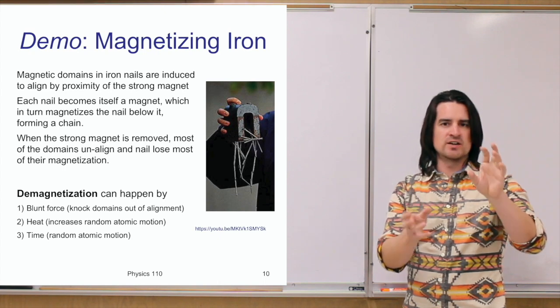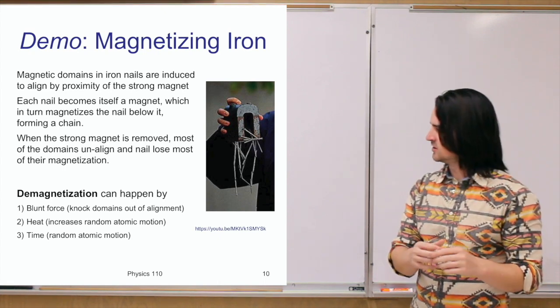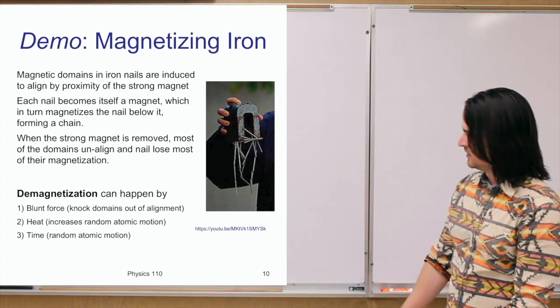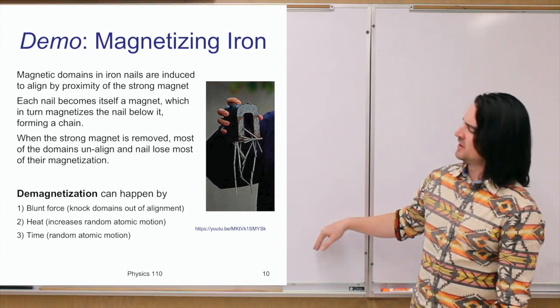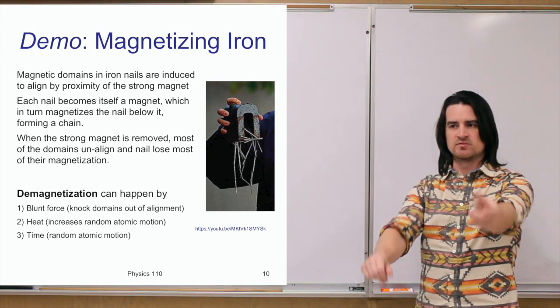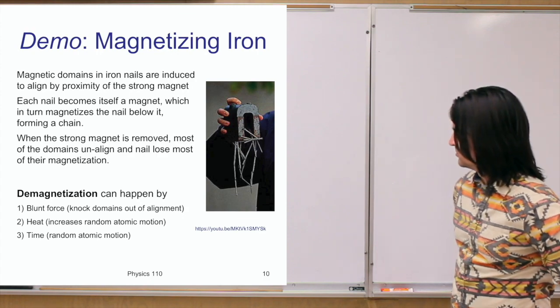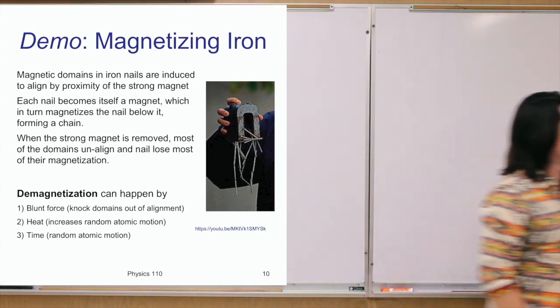They get loose enough and start moving around enough that they de-align, going in random directions again. And in a similar way, time can also disalign a magnet. Essentially, the random motion of the atoms can eventually start to demagnetize it.